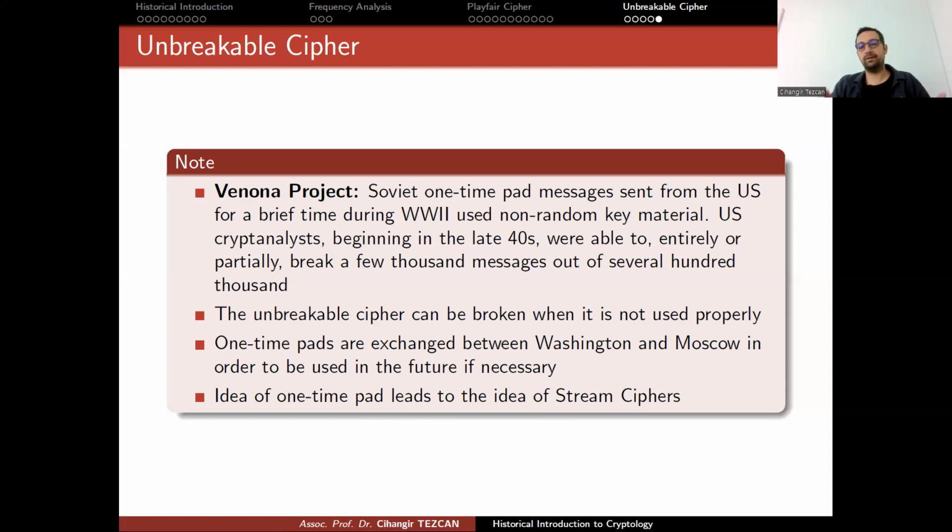Because in the one-time pad, we are using a very long random string of bits. In stream ciphers, we are going to use short random bits, like 128 bits for our key. But from that, our aim is to generate random-looking, very long zeros and ones, which we will call pseudo-random numbers.